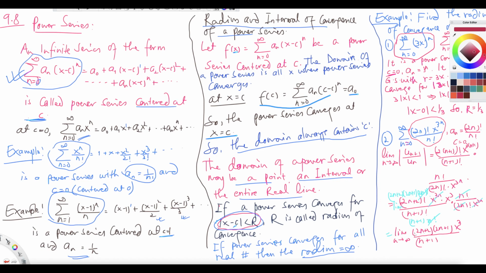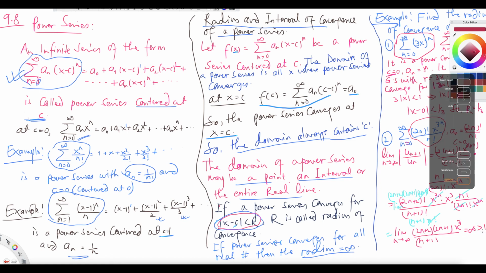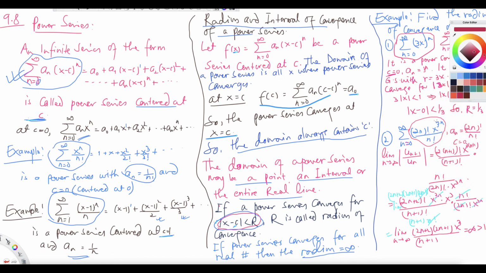But if you use L'Hopital's rule for n, the highest degree term is 4n squared, and if you find the derivative, you will get 8n divided by 1, so that will be infinity. So this is greater than 1, meaning this series basically diverges. But all power series converge at their center, right? So let me write that down.